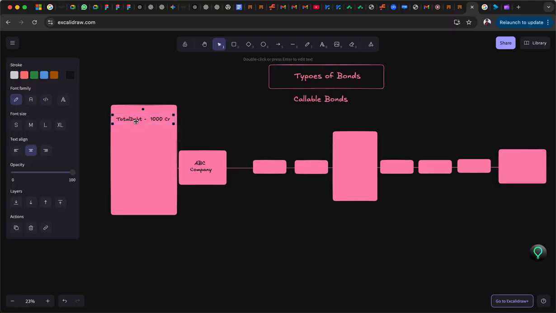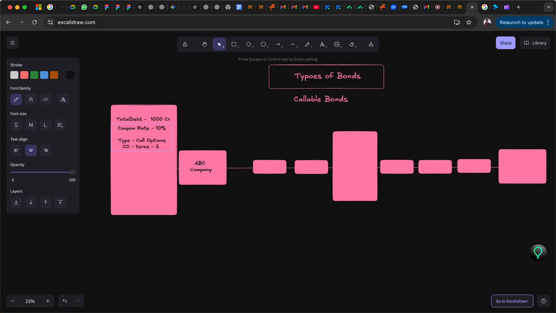All right. So 1,000 crores the company wanted to raise, then coupon rate at 10%, type call option.